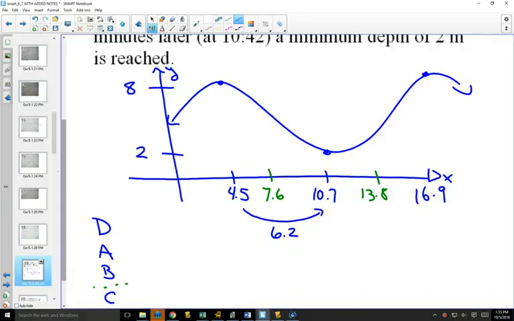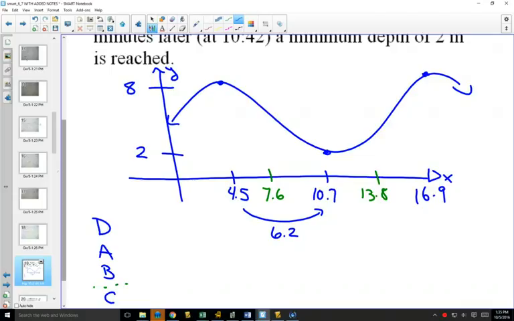Sinusoidal means that it's this kind of graph, a sine or a cosine graph. A cosine graph is just a sine graph that's been moved left and right, so you could choose either one.